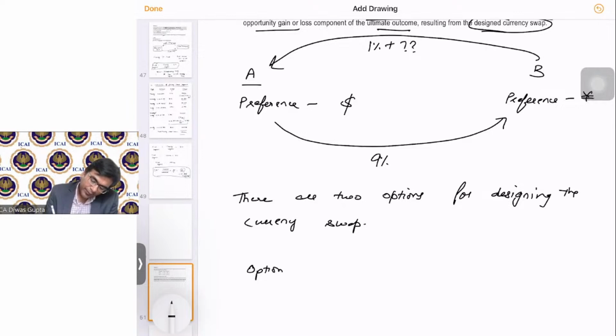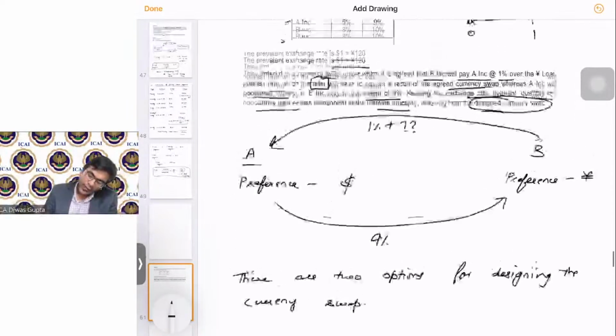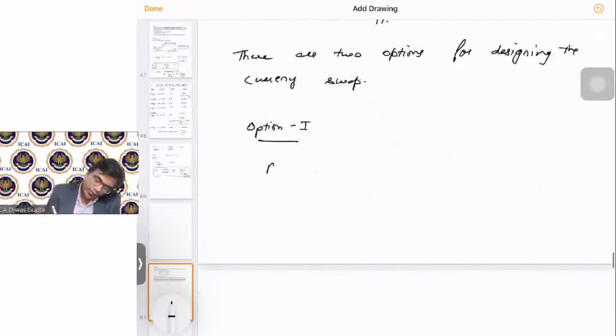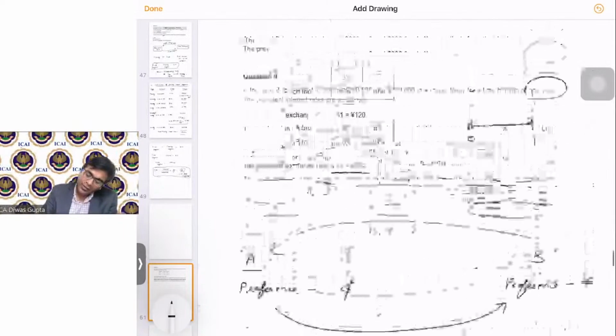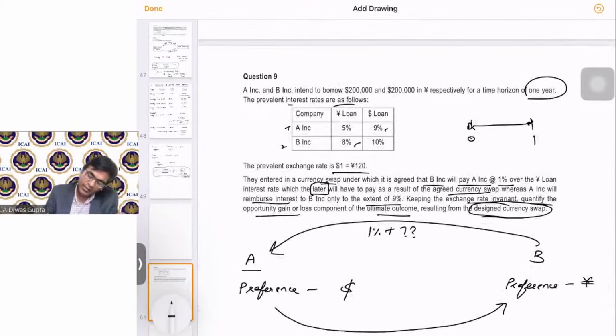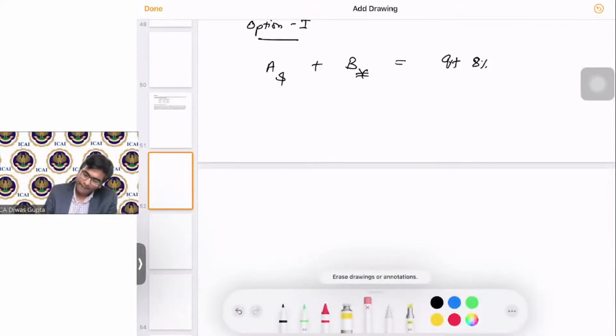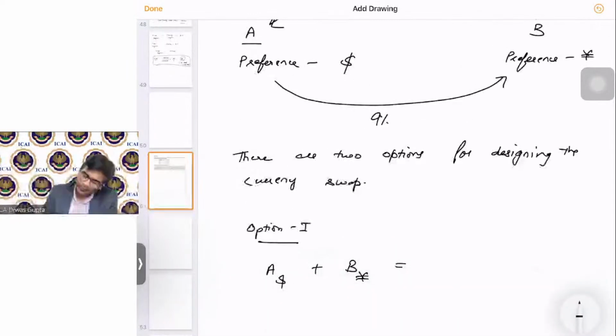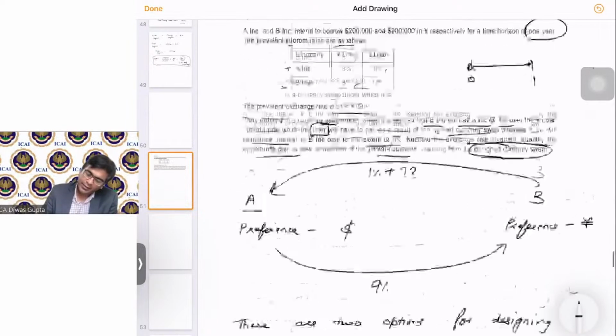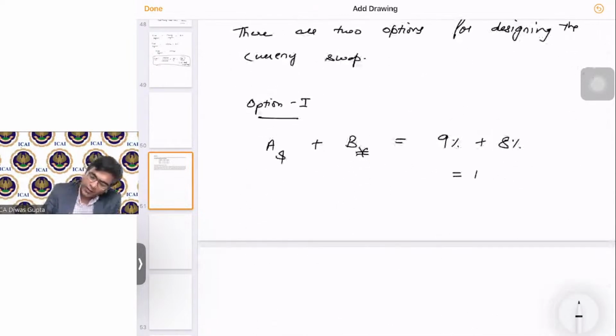Option 1: A borrows in dollars, B borrows in yen. So for dollars A is 9%, B is 8%, so 9% plus 8%, which is equal to 17%. 9 plus 8, 17.